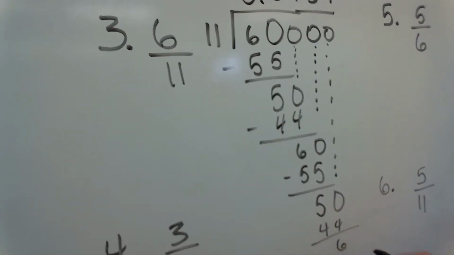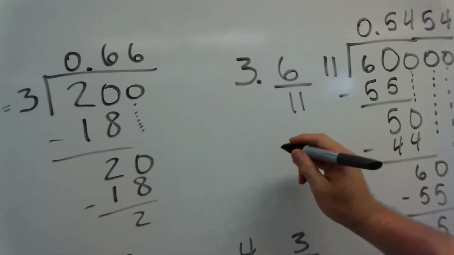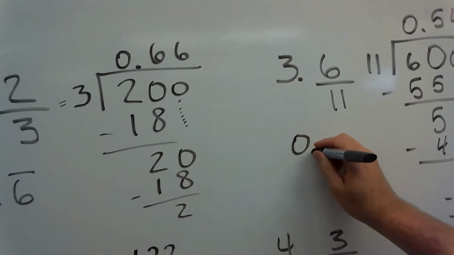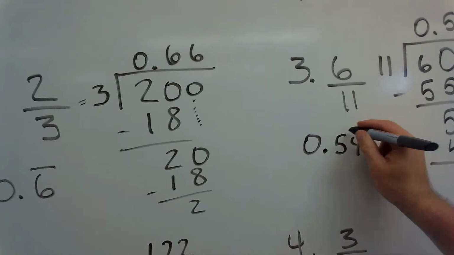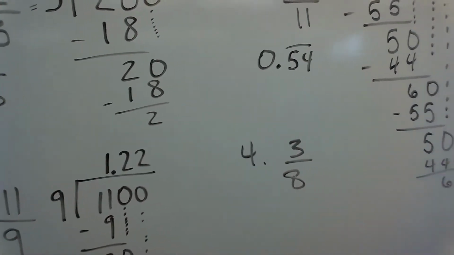And you see that we're getting a 6 again, and we have a repeating decimal on top. So 6/11 is equivalent to 0.54 repeating. Let's go to the next problem.